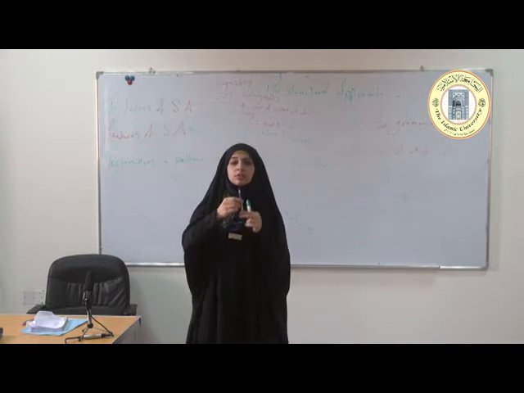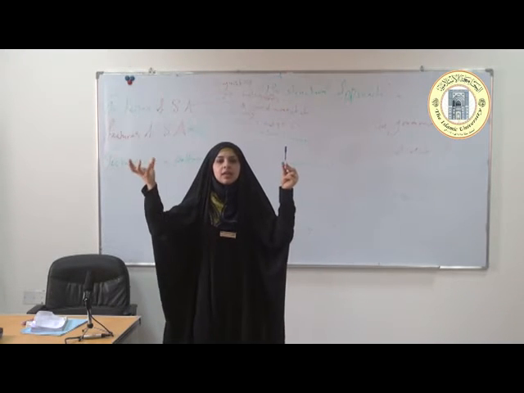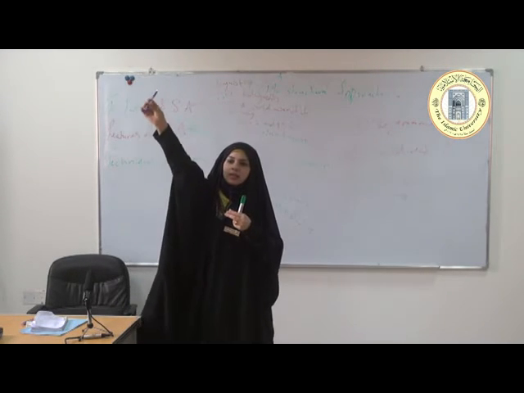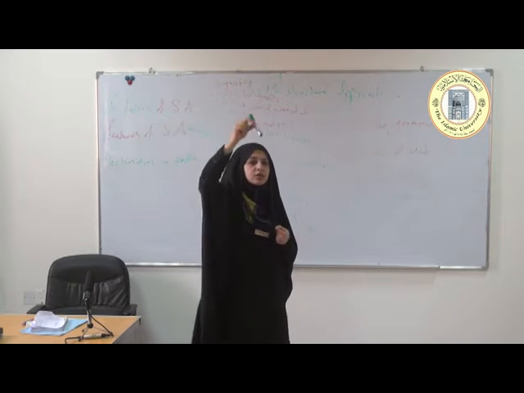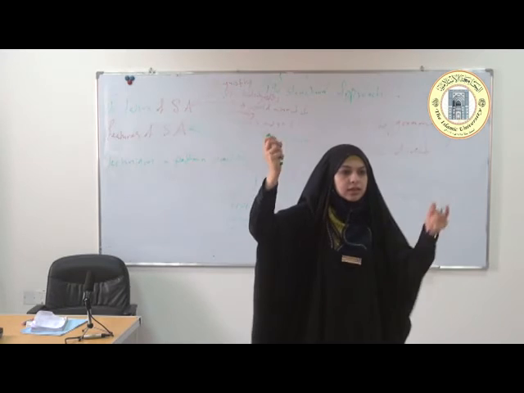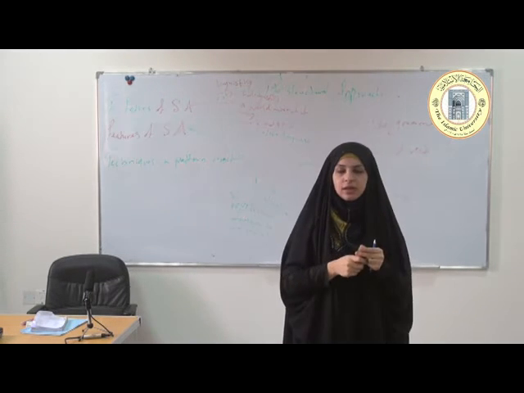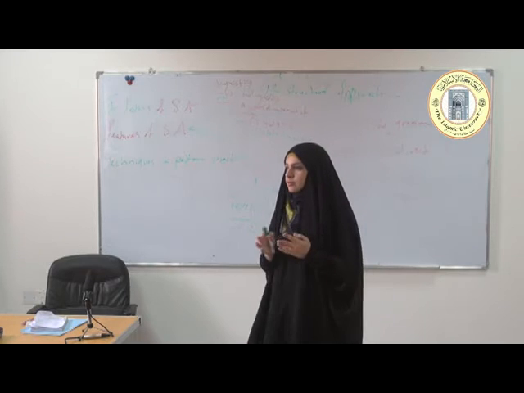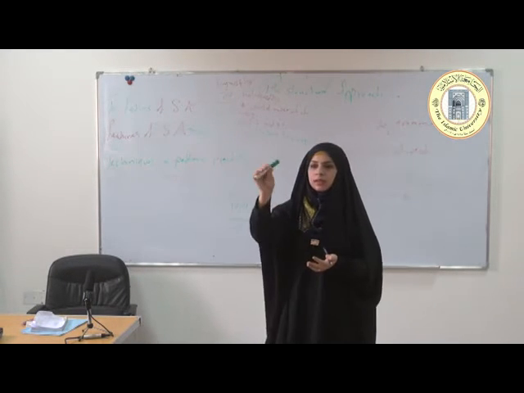I will associate the object with the meaning. Look at this. This is a pen. This is a marker. So there will be association between the object and the word. And this way the students will memorize and know the word with its meaning.